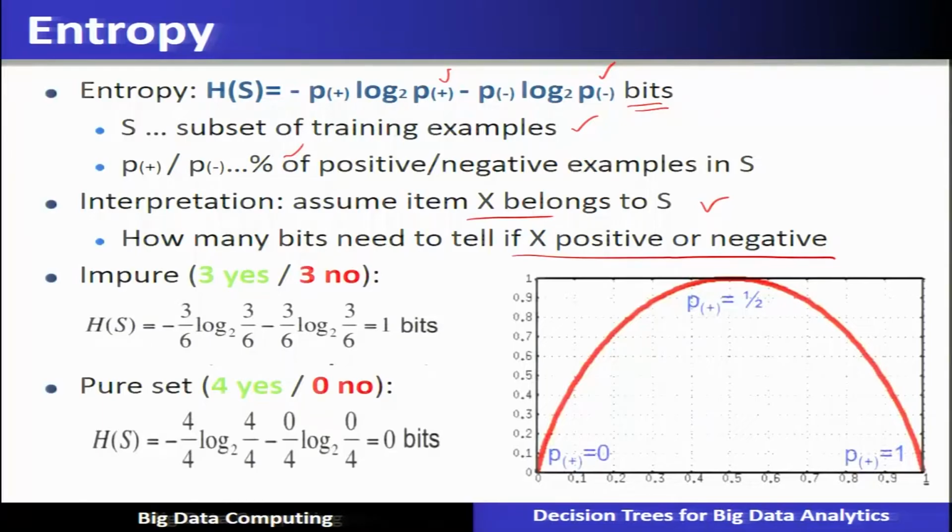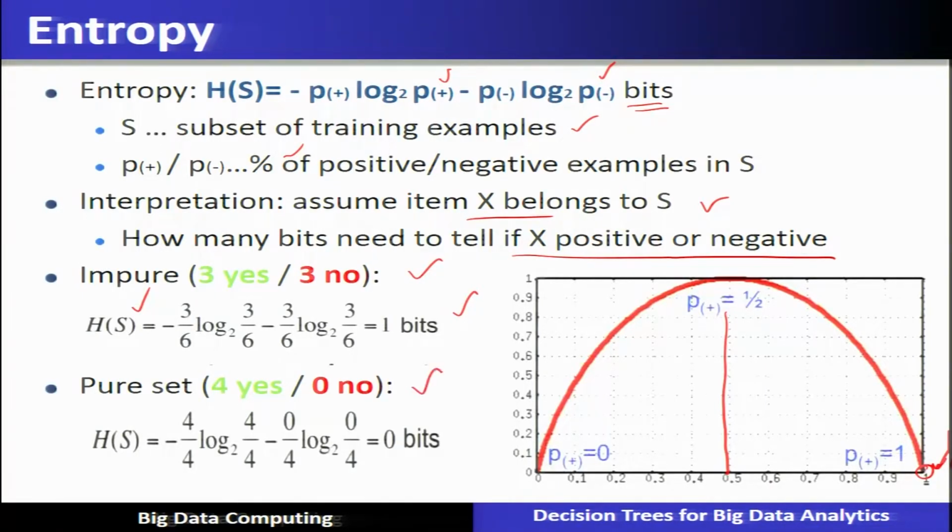So, for example, if it is an impure set of 3 yes and 3 no's, then the entropy of this impure set S comes out to be 1 bit. If the entropy is 1 bit, then it is highly uncertain whether the decision is yes or no. So 1 means it is highly uncertain in this particular case.